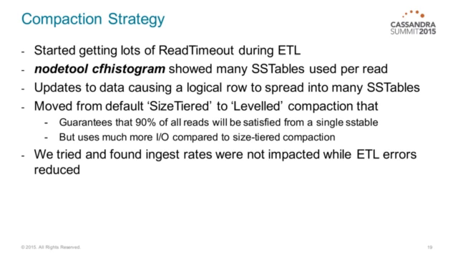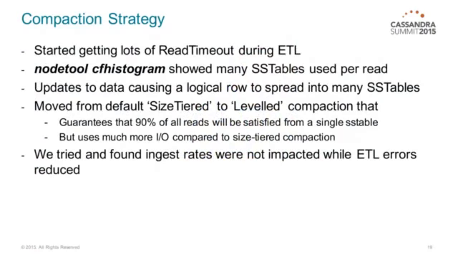So we looked at another compaction strategy, leveled compaction strategy. In leveled compaction strategy, you have fixed size SSTables which are grouped into levels. Each following level is 10 times the size of the previous level. So if you have 10 SSTables in level 1, you have 100 in level 2, and so on.